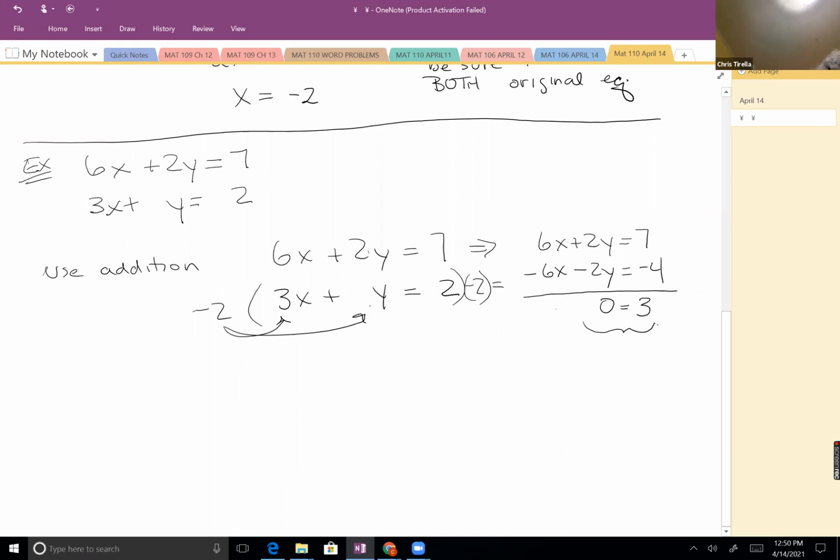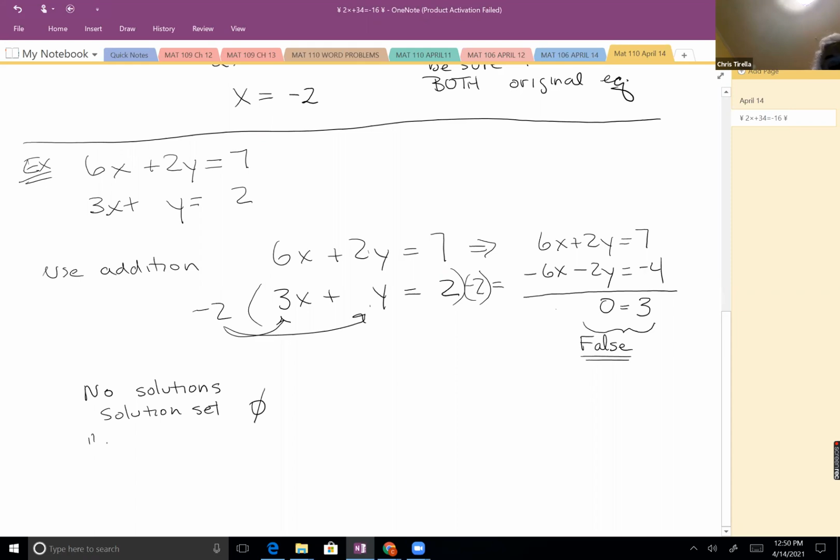Is that true or is that false? False. And so this is one of those examples where, since it's false, the variables disappear and it's false, we're going to say that there are no solutions. The solution set would be the empty set.